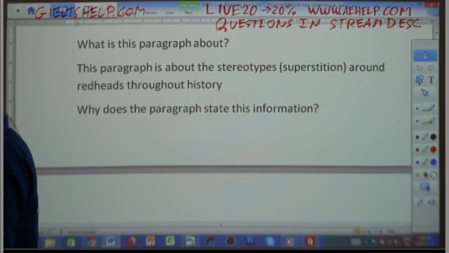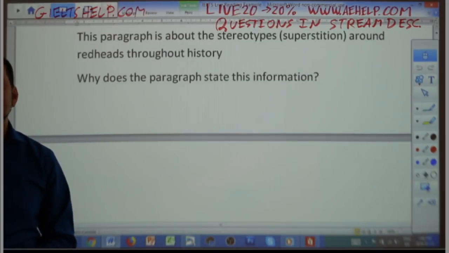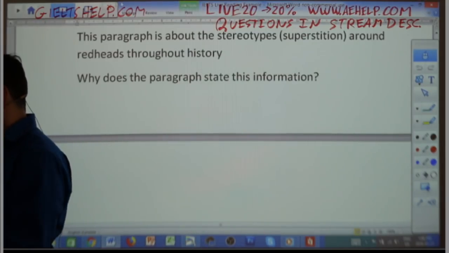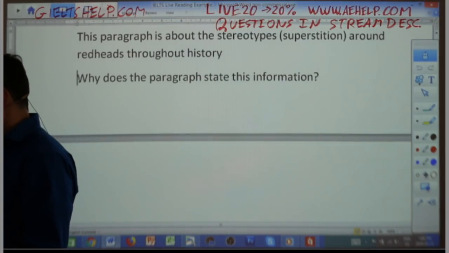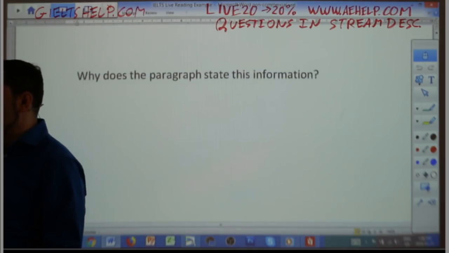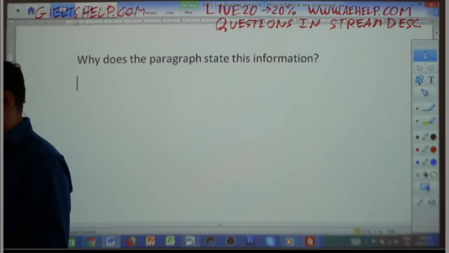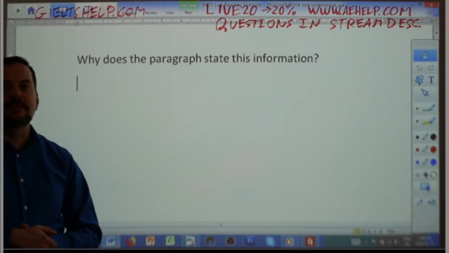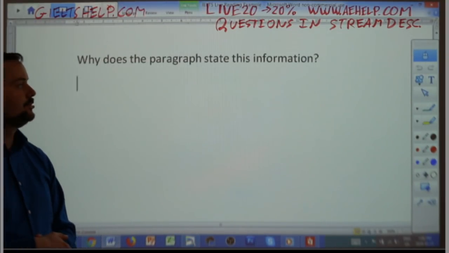And why? So why does the paragraph state this information? What do you guys think? Why does the paragraph state this? And sometimes you have to imply the answer or infer the answer. So why does the paragraph state this information about the superstition?